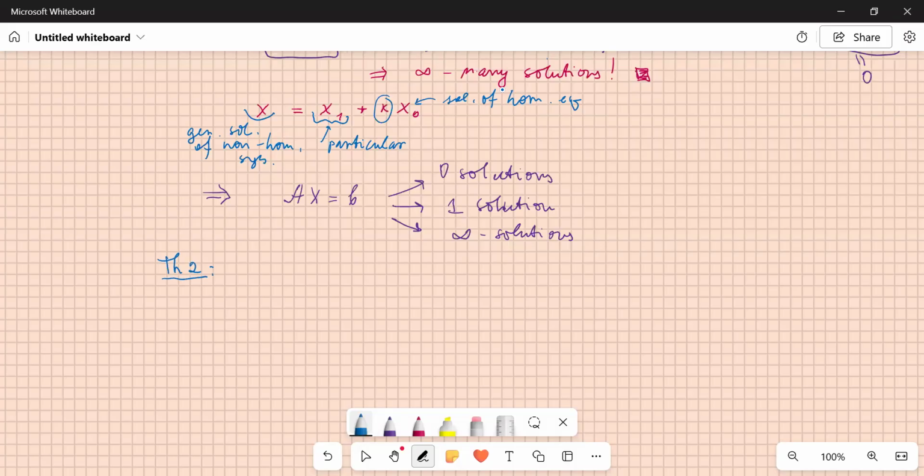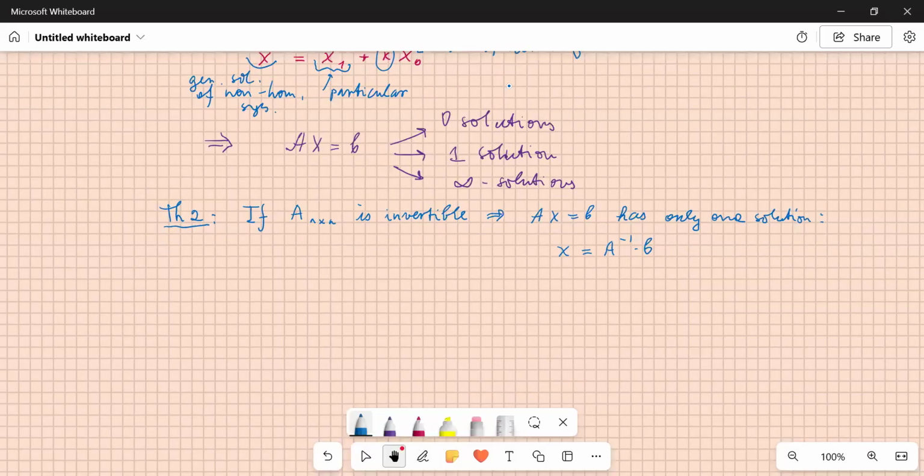If matrix A, sorry, my A doesn't look very nice, if the n by n square matrix A is invertible, then the equation AX equals B has only one solution, and that solution is going to look like X equals A inverse multiplied by B.